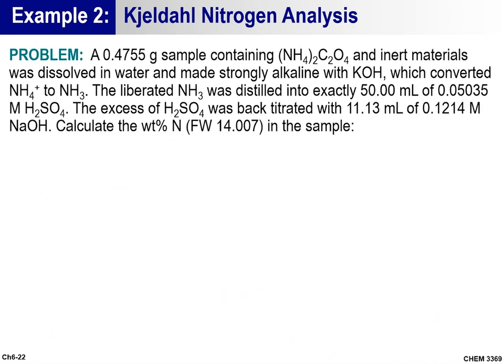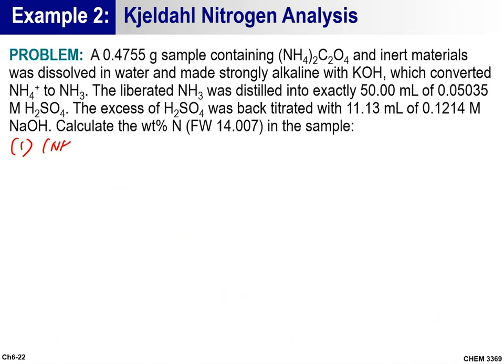So there are three reactions. Okay, what do we have to calculate? The weight percent of nitrogen, okay? So there are actually three reactions that describe this whole process, right?